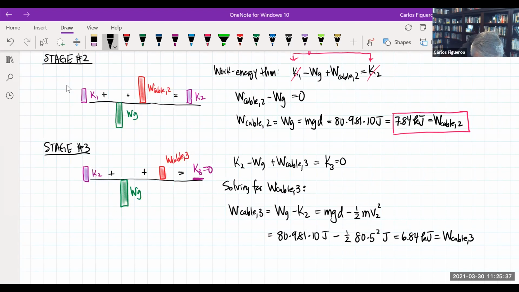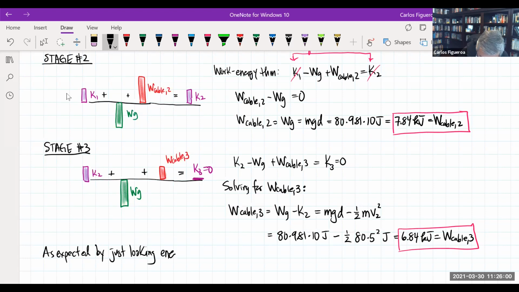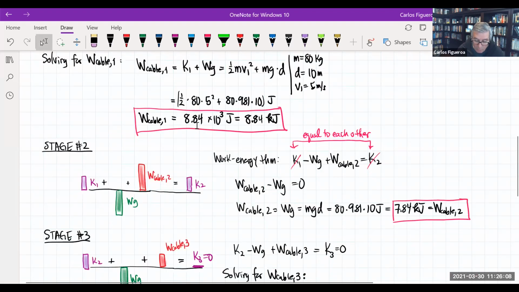At 3. And so, as expected by just looking at energy flow, we could see here that the work of the cable during stage 1 is the largest.